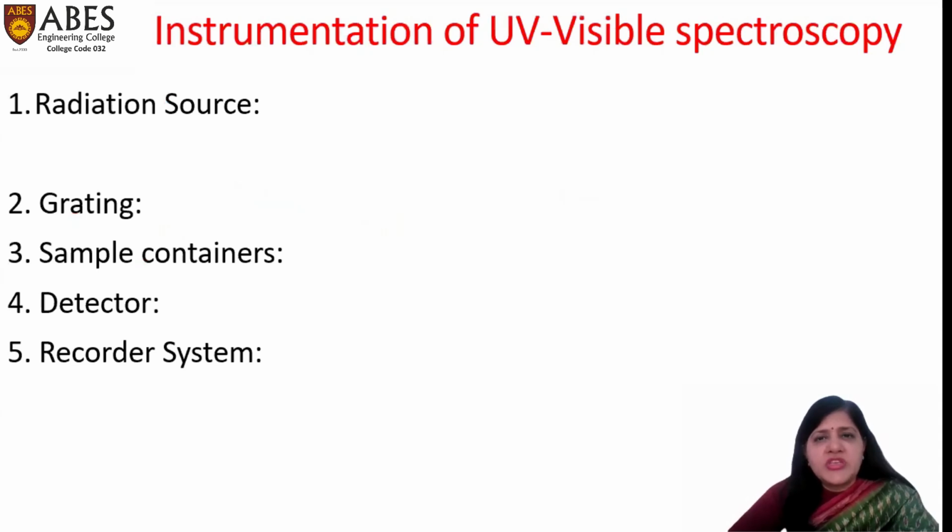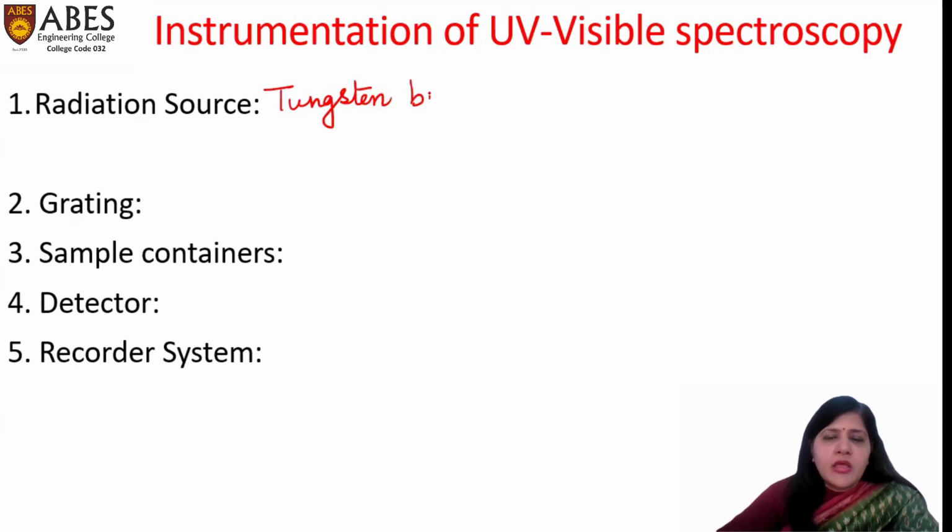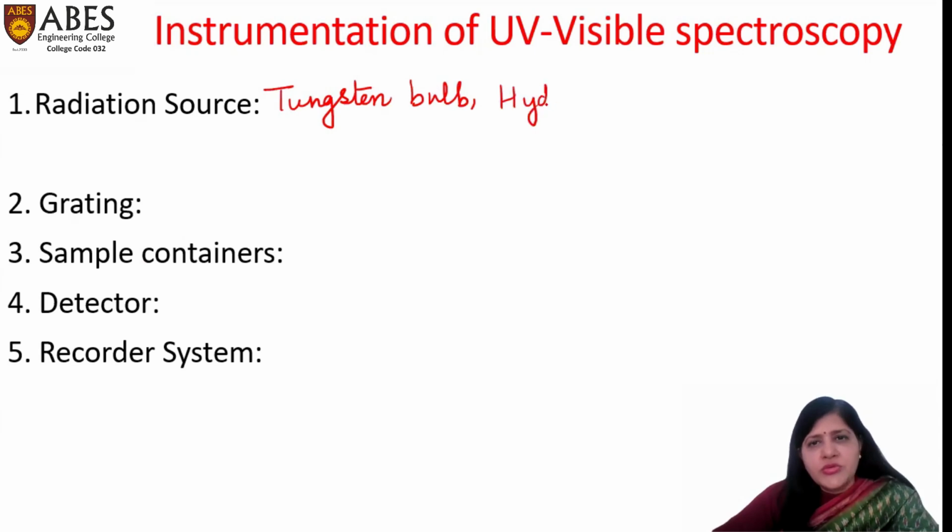Next is the instrumentation of the UV visible spectroscopy. For the UV visible spectroscopy, the radiation source is a monochromatic source, and for this, commonly a tungsten bulb is used, a hydrogen lamp is used, and commonly a deuterium lamp is used.